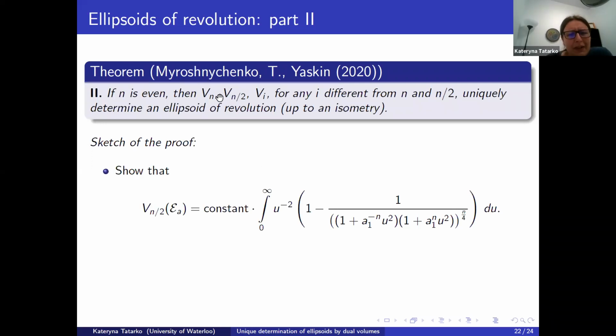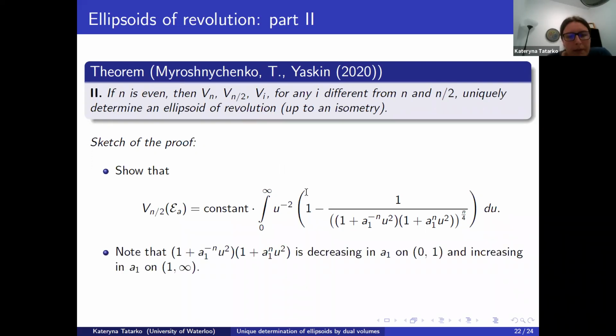So again, using the volume condition, we can get rid of one of the semi-axes, or rewrite the rest only in terms of one semi-axis. Then this intrinsic volume of order n over 2 can now be written in the following form, which depends only on this parameter a1. And if I look at this integral here, I can make a few observations.